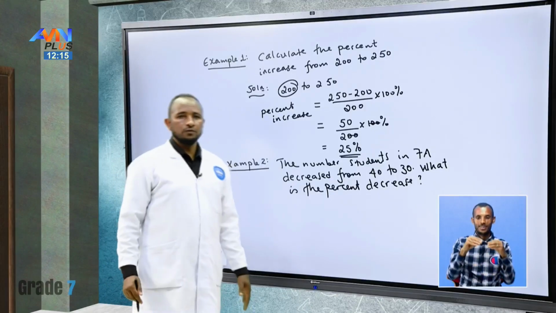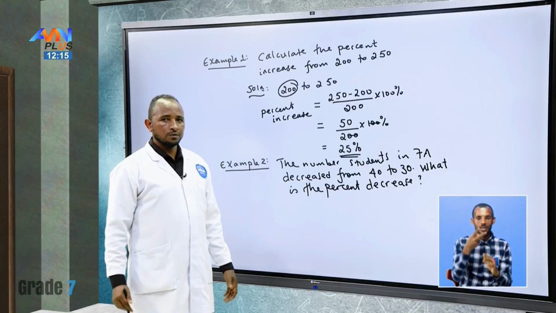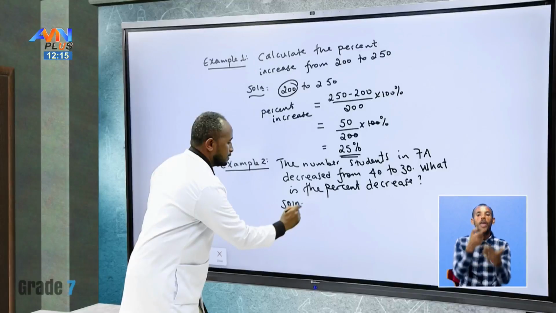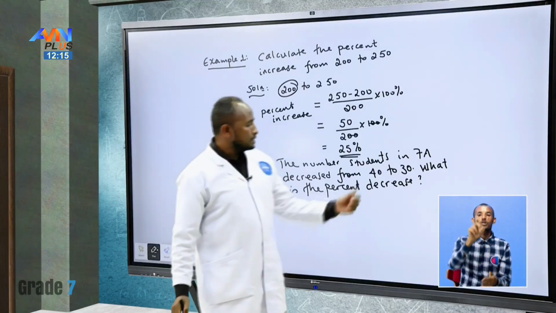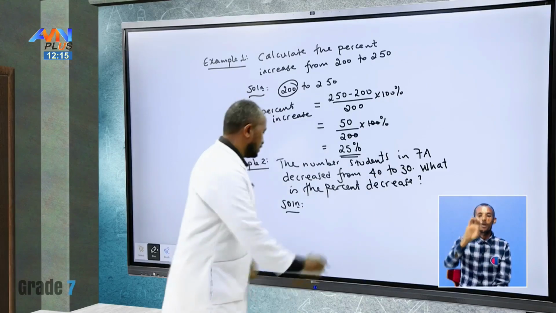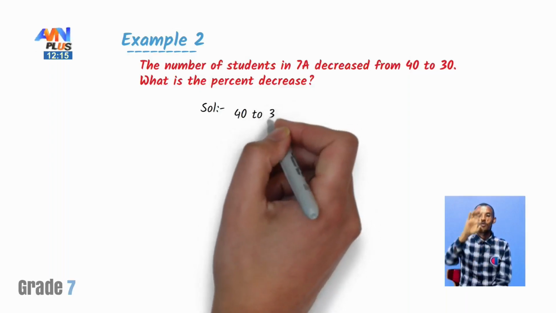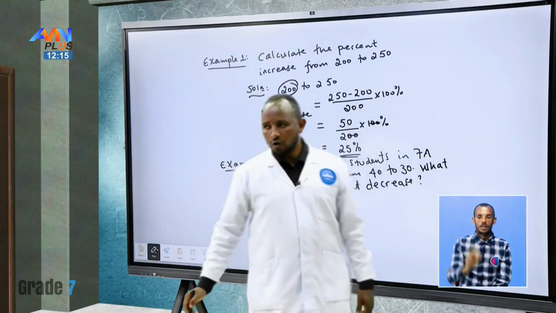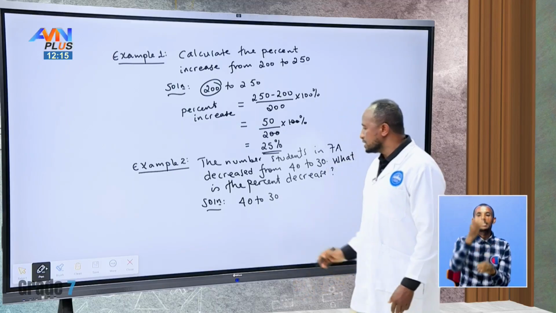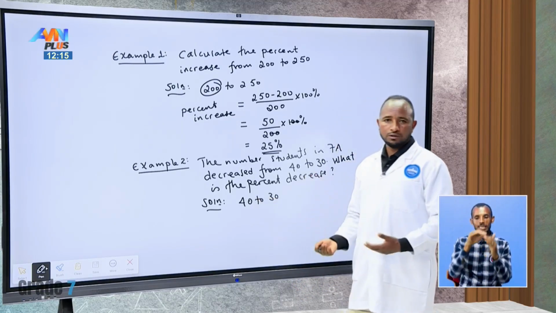Students, have you tried the question? Good. Now let's see the answer together. Here, we are asked to find the percent decrease from 40 to 30. To calculate the percent decrease, first you have to find the decreased amount.